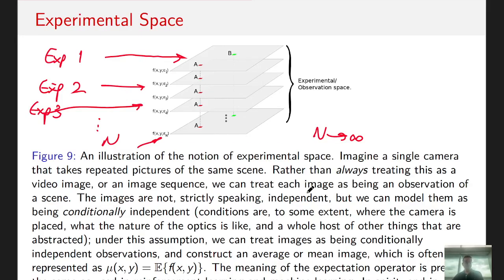Now, we think conceptually about how expectation works, which is that you take an average not over a single measurement, but over multiple experiments. So being able to have experiments that are considered to be independent is very important.